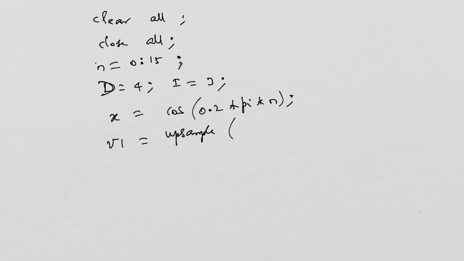Upsampling of the input, with the factor given by, for example, even if I change the values, I think you won't mind. Let me have the decimation factor as 3 and interpolation factor as 4. So let me have x comma I. The signal is upsampled. Okay.